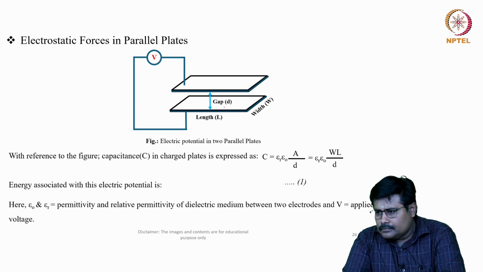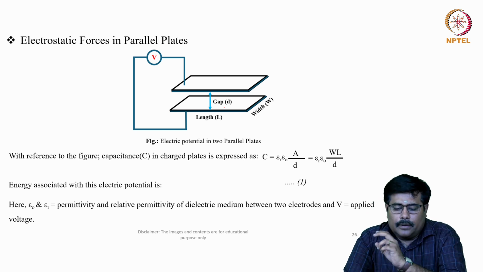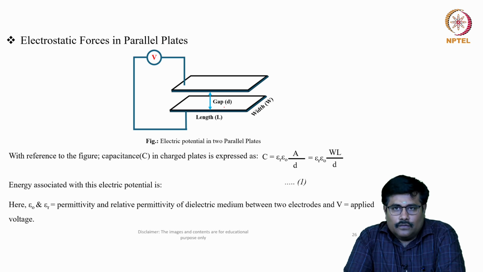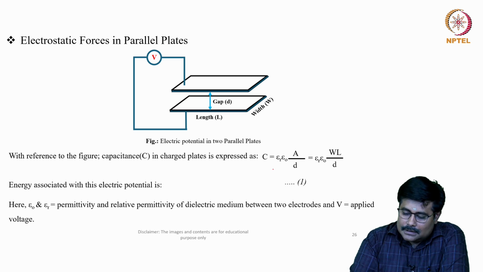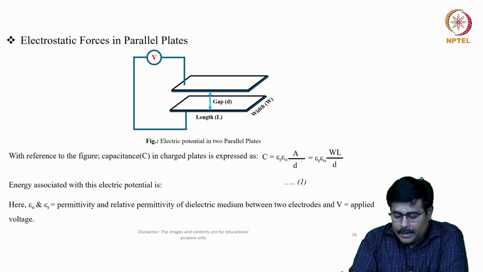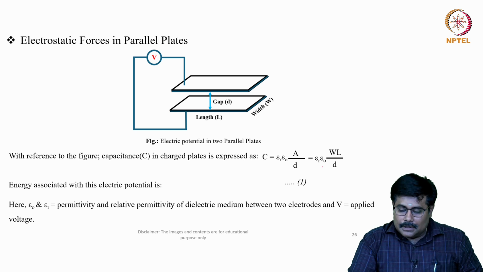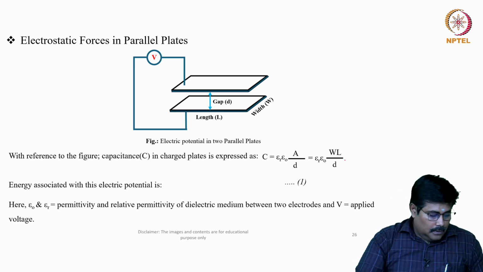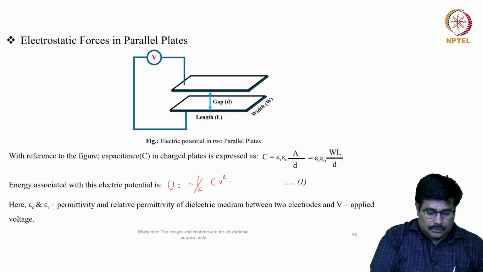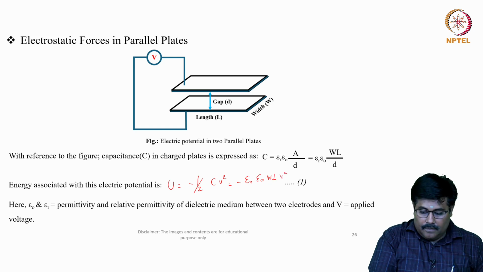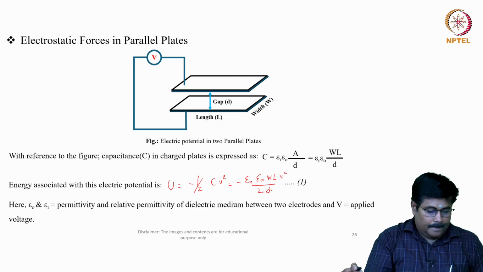So we need to take into account the electric potential in these two parallel plates. With reference to the figure, the capacitance C of the charged plates is expressed as C equals epsilon R epsilon naught A by D, which can be rewritten as epsilon R epsilon naught W L by D. The energy associated with this electrical potential can be represented as U equals minus 1 by 2 C V squared, which can be rewritten as minus epsilon R epsilon naught W L V squared by 2D.